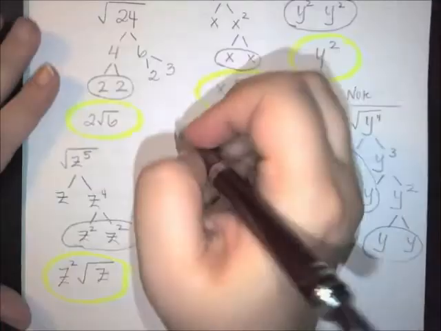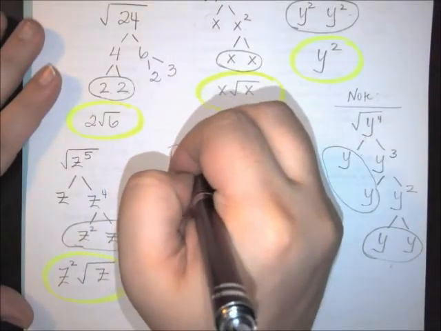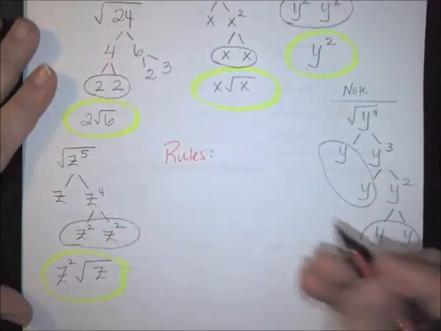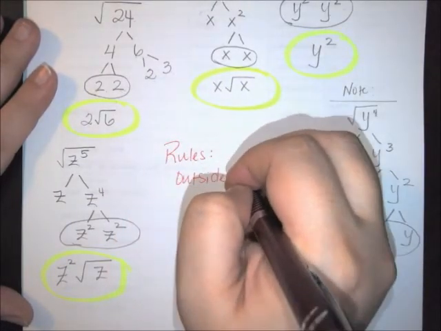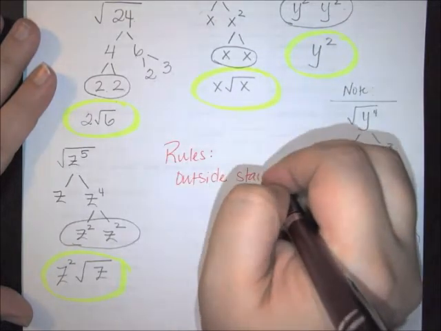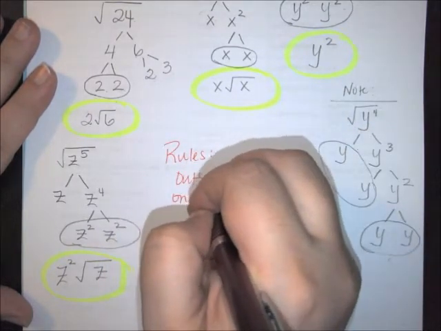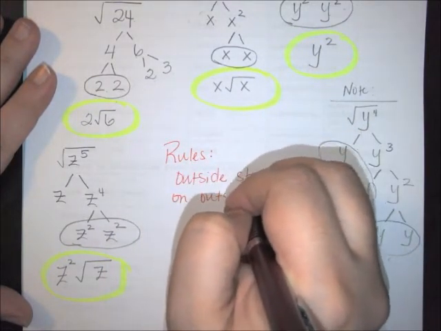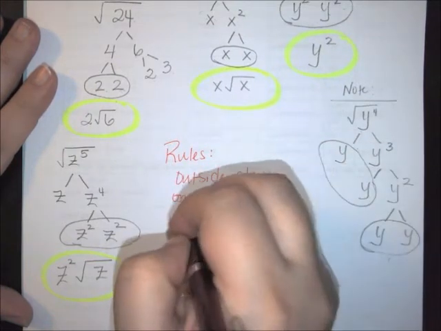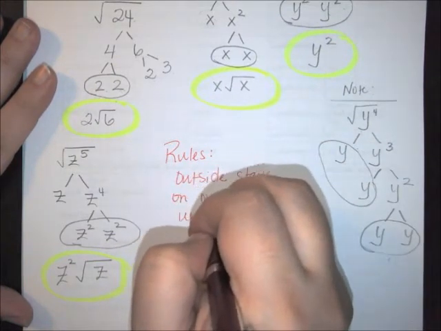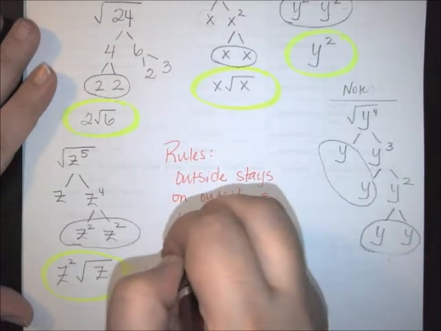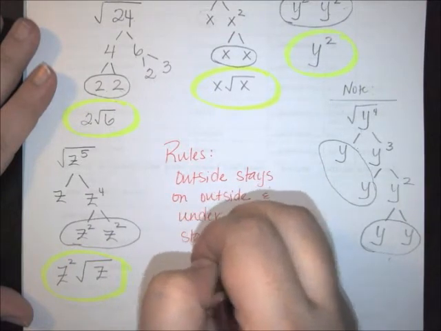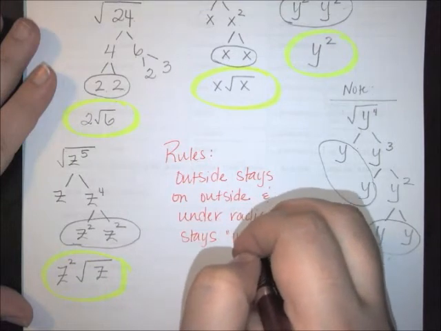When we're talking about rules, this is what we have. Outside stays on the outside, and under the radical stays inside.